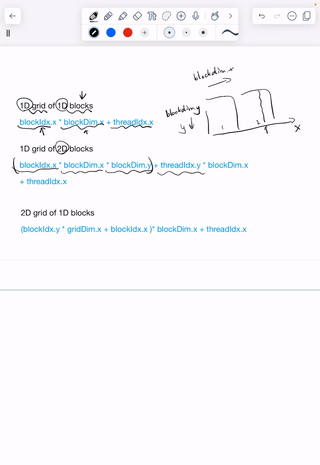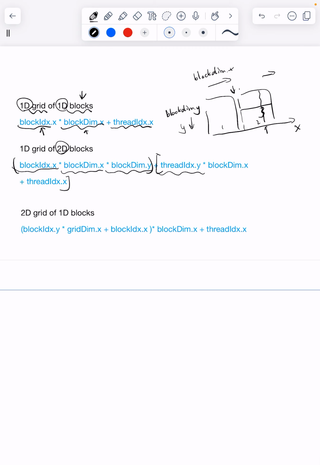So what are these calculating? They are calculating within the current block, since there are two axes, x and y, for one thread here, the threads in front of it in the current block.